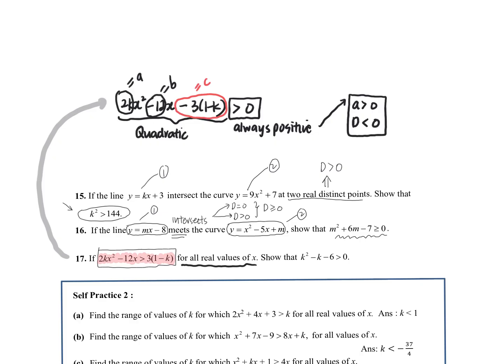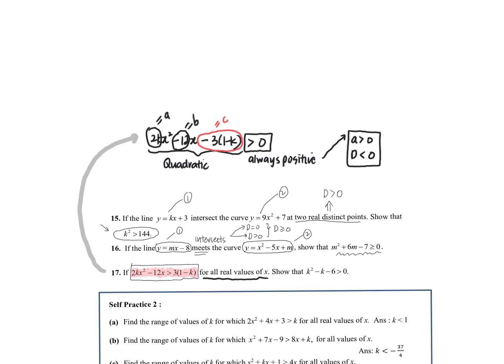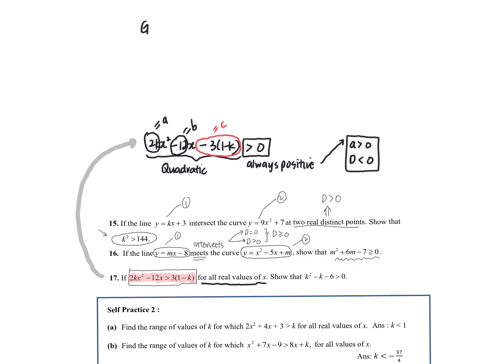So what I can do is, I will find my discriminant. So given discriminant less than 0, I do my b squared minus 4ac. Better expand first. Okay, easier to handle. Then less than 0. So go and simplify the whole thing.